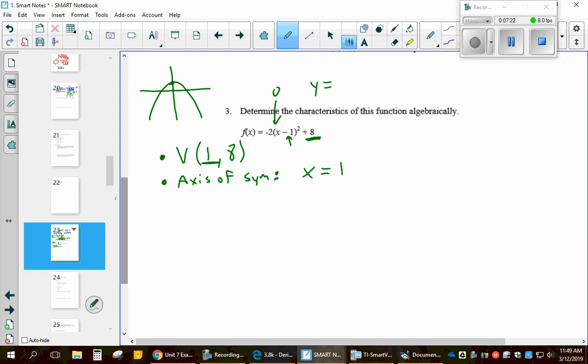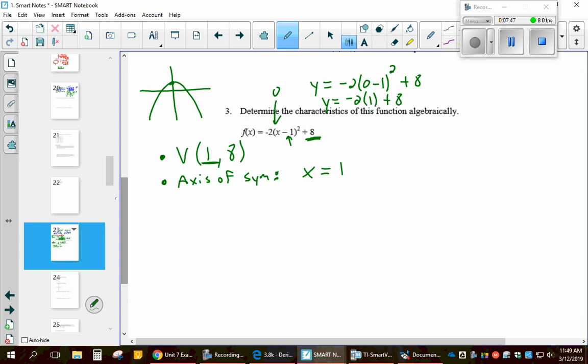So y is equal to -2 times (0 minus 1) squared plus 8. So y is equal to -2 times, this is -1 squared, right? What is -1 squared? Just +1, so this is just 1 plus 8.